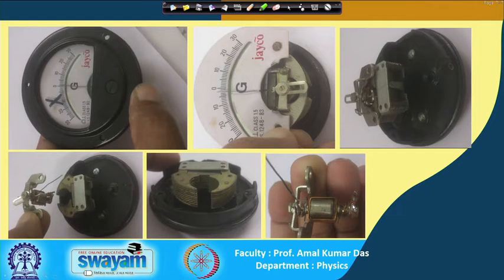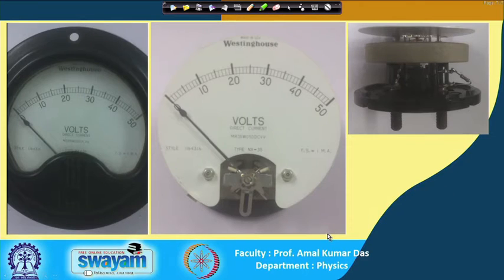This connection is taken from here and from here. These two connections are taken and current will flow through this and go out. Let me show the voltmeter first and then I will discuss. This is the galvanometer.